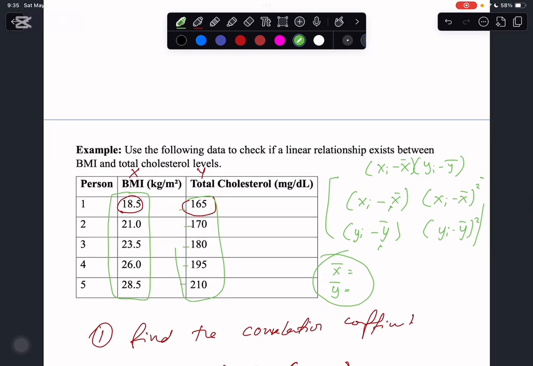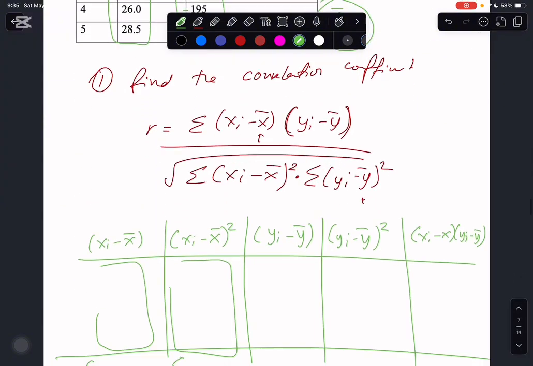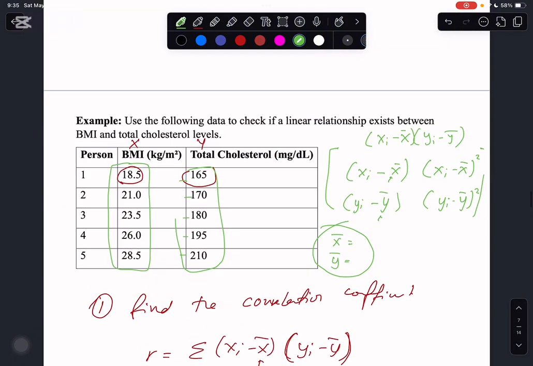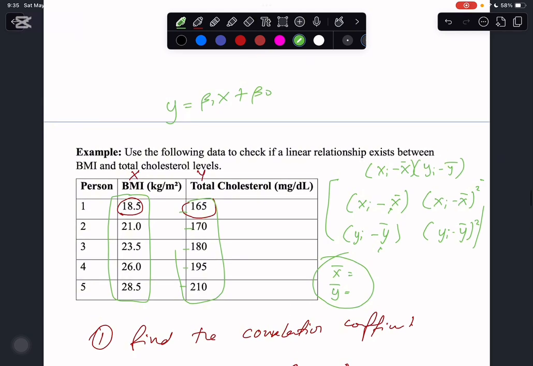Then if it says plot a table of the equation we found, which is y equals b1x plus b0, what you're gonna do is get the equation: y equals 4.6x plus 75.9.